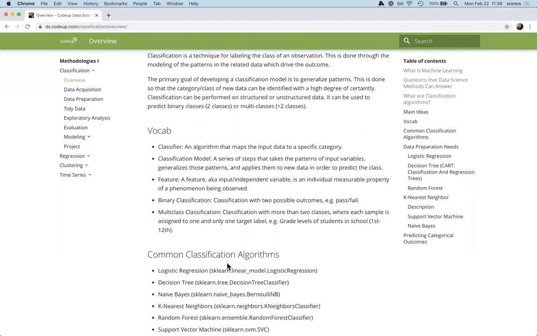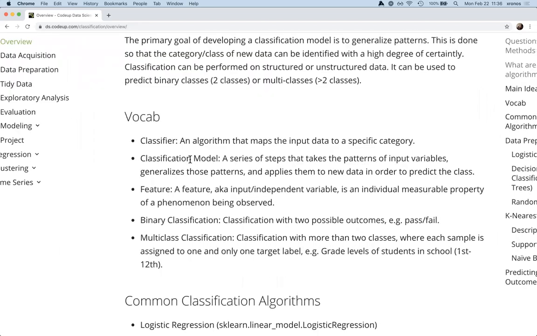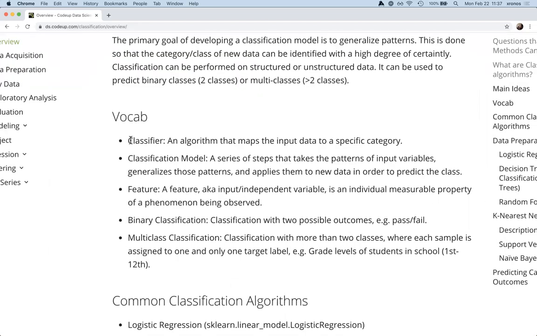Okay, so there's some vocabulary that we need to talk about. If we're talking about a classifier, that's an algorithm that maps the input data to a specific category, right? The category as in a class. The classification model itself is a series of steps that takes the patterns of the input variables, generalizes the pattern. When it generalizes the pattern, that model is making a decision boundary, right?